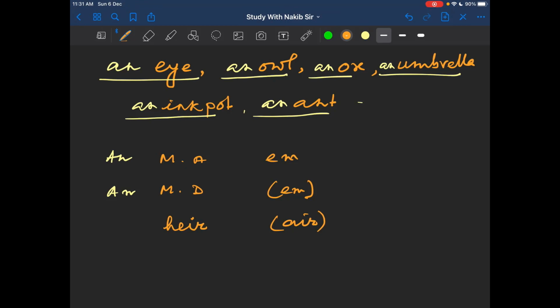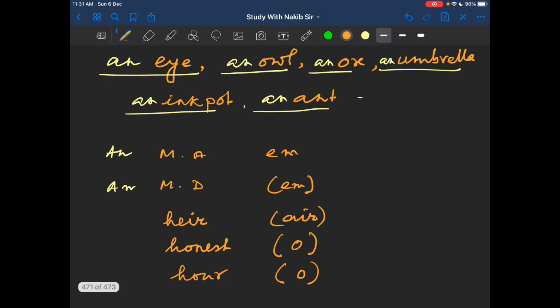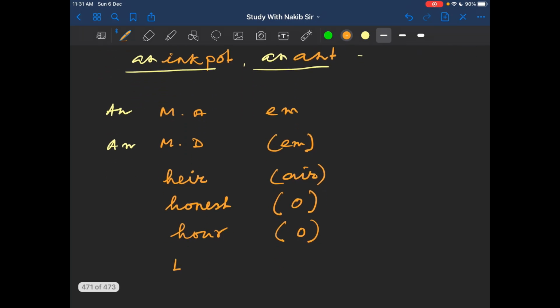Next one is honest. H is silent. O is coming, a vowel, and so is hour. H is silent. O is coming at the beginning. And here also another example, L-M-F, another degree, L coming with E, beginning with an E sound, so they will take an before them.